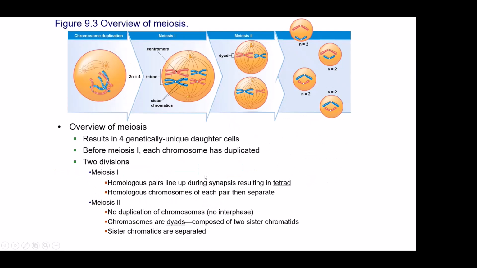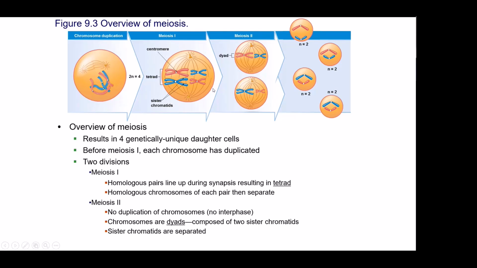So this is how meiosis looks. It starts with a single diploid cell and ends up with 4 genetically unique haploid cells. So no longer are we talking about situations where they're identical to each other and the parent. These cells are very different from each other and different from the parent cell.